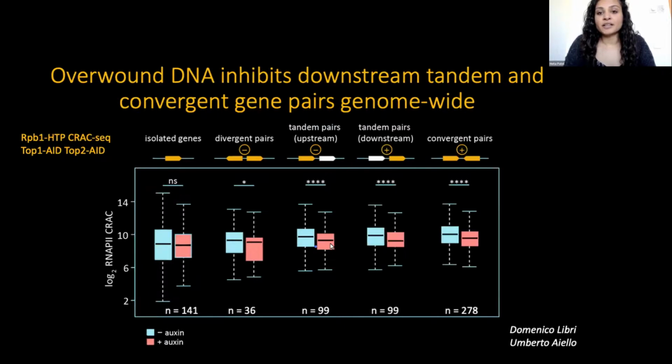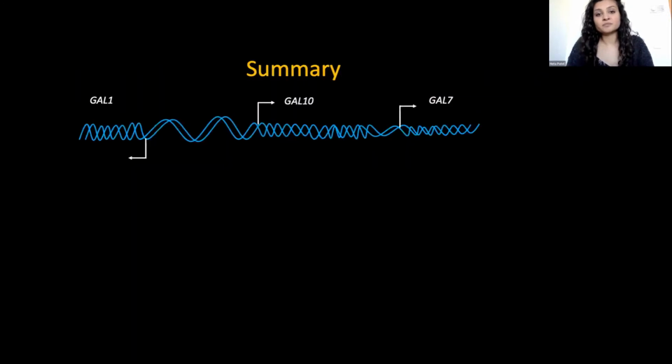And when we look at the downstream gene of tandem gene pairs and the convergent gene pairs, we also see a substantial decrease in the nascent transcription. And here the overwound DNA is more likely to play a role. So these results indicate that both underwound and overwound DNA have inhibitory roles and suggest supercoiling mediated regulation of eukaryotic gene expression.